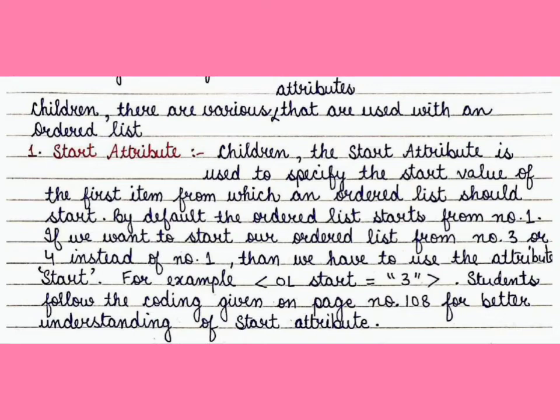If we want to start our ordered list from number 3 or 4 instead of number 1, then we have to use the attribute start. For example, OL start equal to 3. Students, follow the coding given on page number 108 for better understanding of the start attribute.